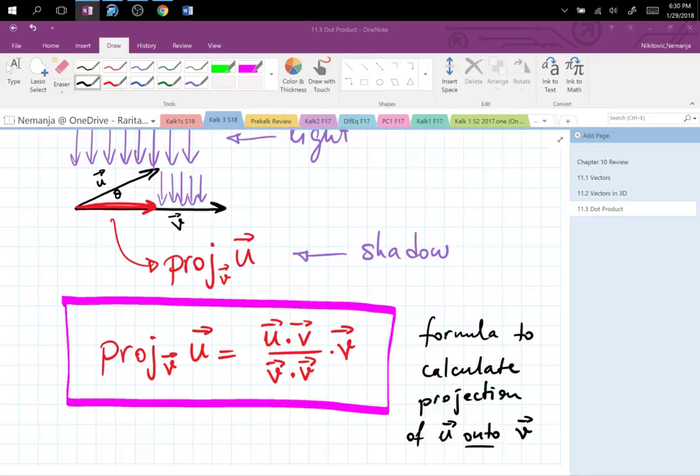Technically, if you write this v dot v in terms of the magnitudes, these are actually two magnitudes. So this divided by one of those is going to give you the unit vector. And then the dot product up there has the cosine, right?